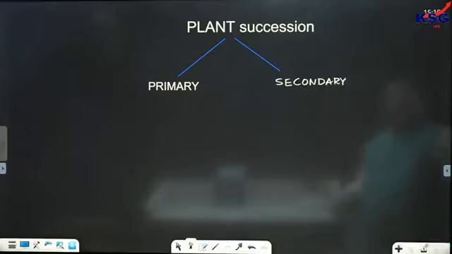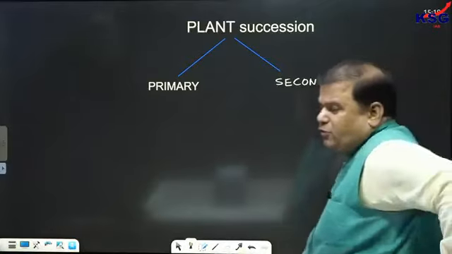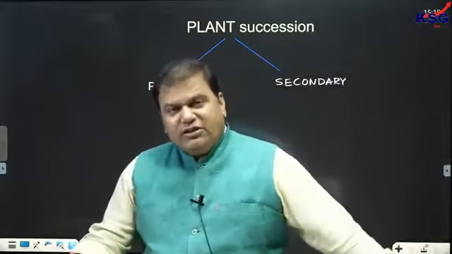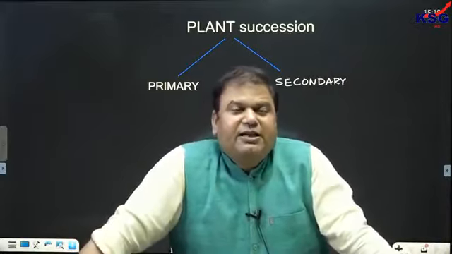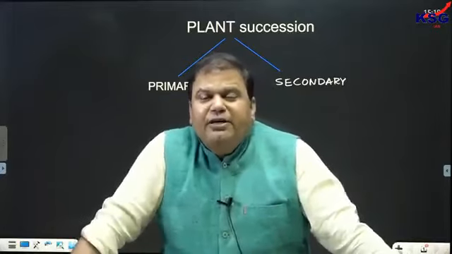Clear? Again, I repeat that primary plant succession takes place in those areas where there was no vegetation from the very beginning. So establishment of vegetation in that area would be called primary plant succession.